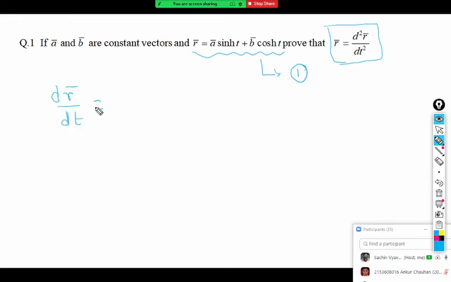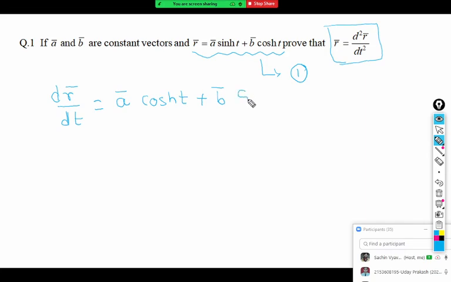So dR bar by dt. What's the derivative of this? A bar is a constant vector, so it stays as it is. Tell me the derivative of sinh t. Cosh t. Yes, it is cosh t, plus B bar, a constant vector, as it is. Derivative of cosh t. Sinh t.